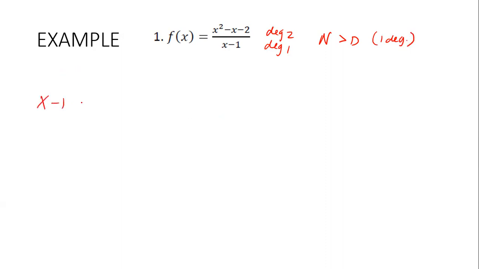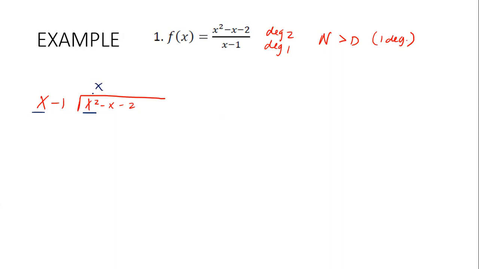Does that make sense? So now we're going to do long division. So we have x minus 1 divided into x squared minus x minus 2. When we're dividing, remember we divide, multiply, subtract, bring down. So what is x squared divided by x? x.